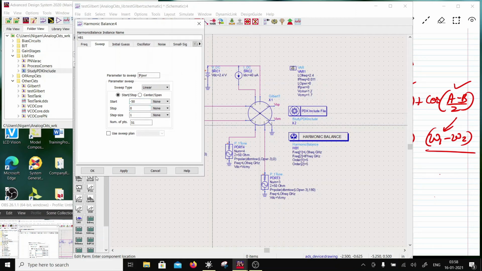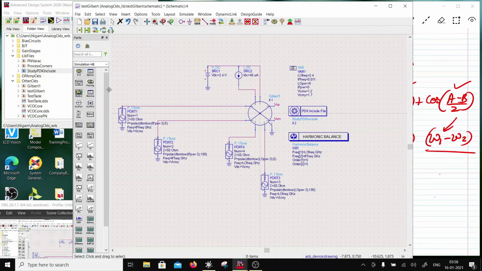Apply that. Is that okay? So we have harmonic balance set up, we have everything set up. Now all we have to do is hit simulate.